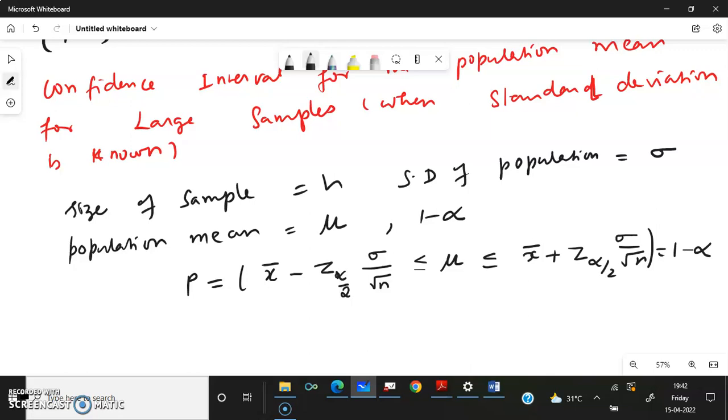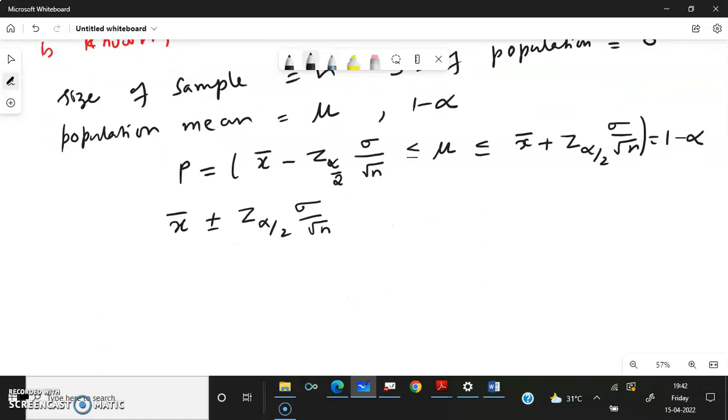So the confidence interval of the population mean, when the standard deviation sigma is known, is x bar plus or minus Z alpha by 2 sigma by root n.